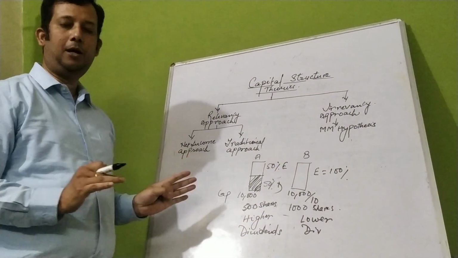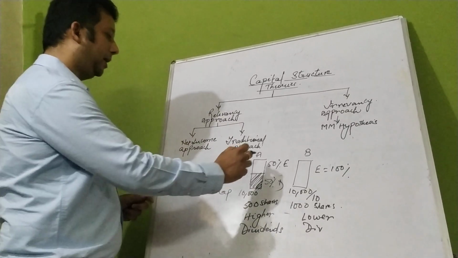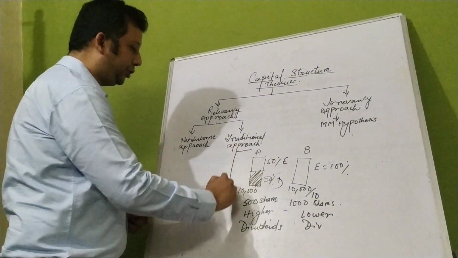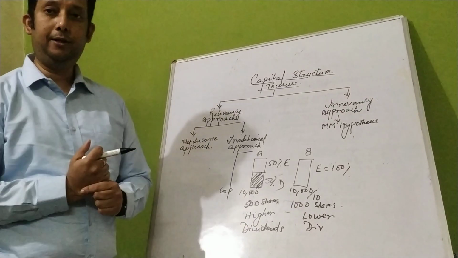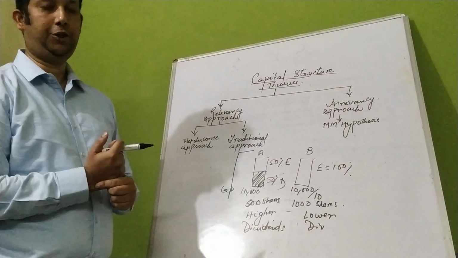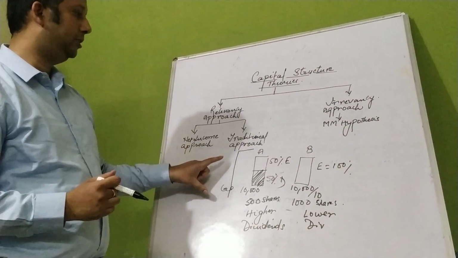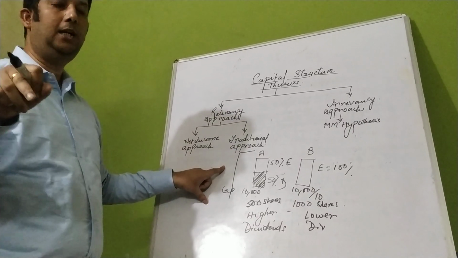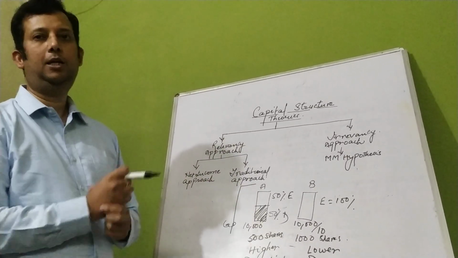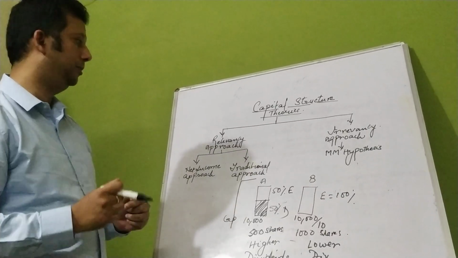Therefore, in the share market, the company A share will be valued higher than the company B share. This is basically how financial leverage impacts the value of a firm.